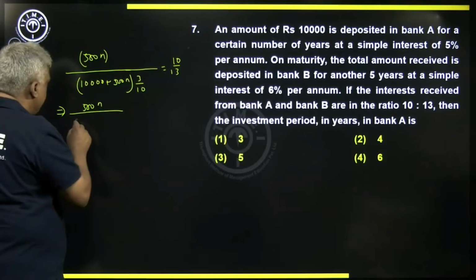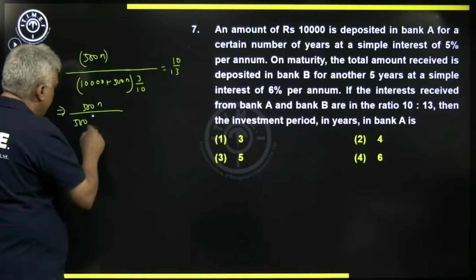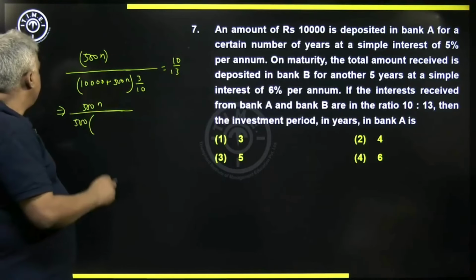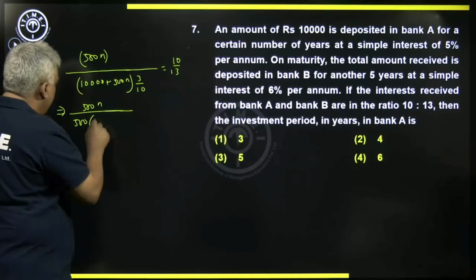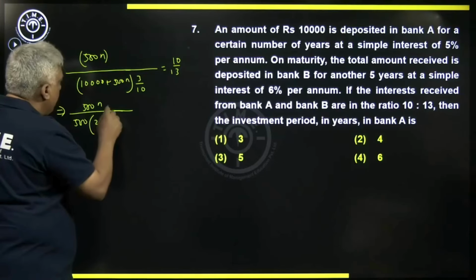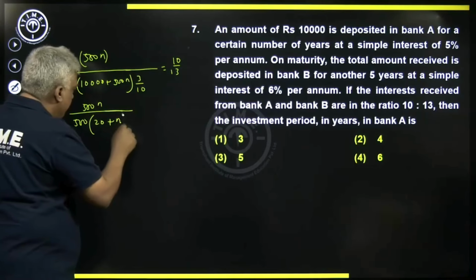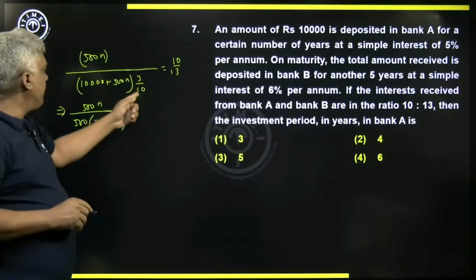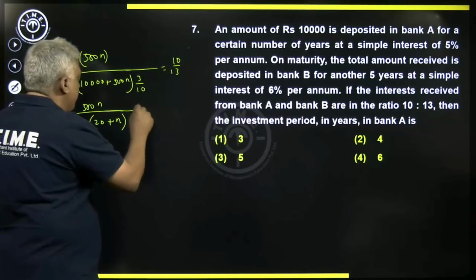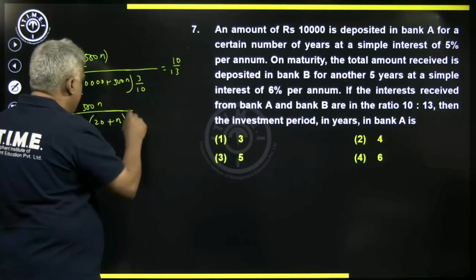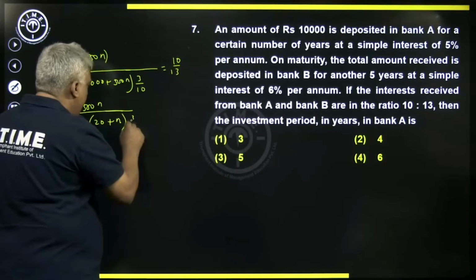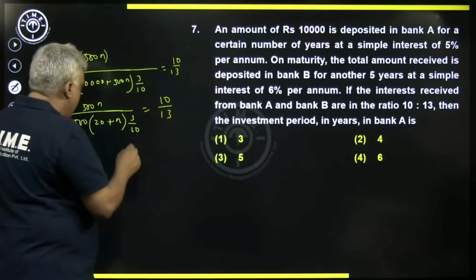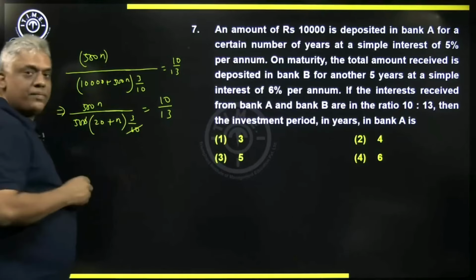If we take 500 common, we are left with 20 plus n, and this 3 by 10 we can write here only, 10 by 13, and this 10 we can cancel.